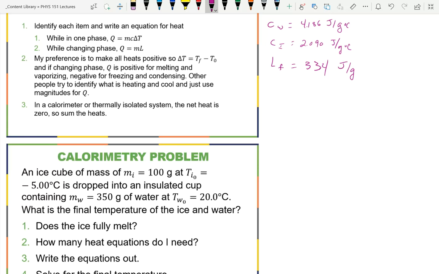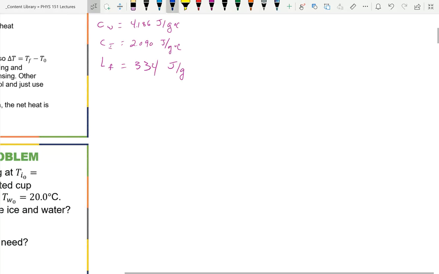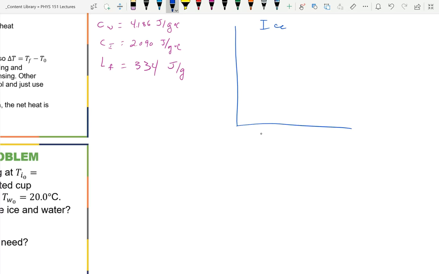Okay. Sarah asked a question, and I will give you a little bit of ways of thinking about this. If we look at the ice, if we plot the temperature versus heat that flows in, initially the ice is in the solid phase. It has specific heat of c ice.